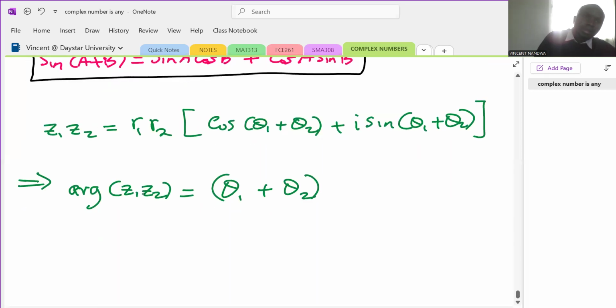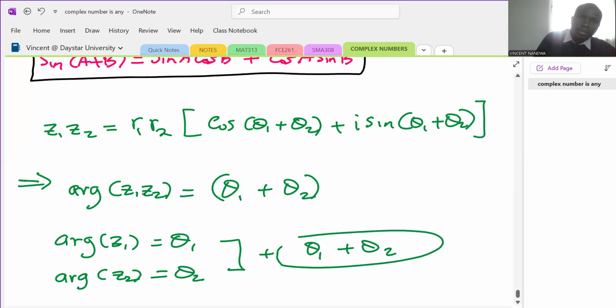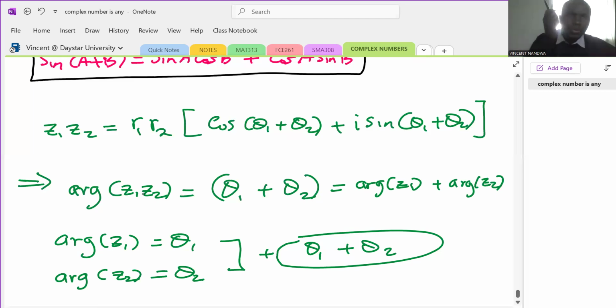The argument of Z1 was theta 1, and the argument of Z2 is theta 2. So when we add these two, we have theta 1 plus theta 2, which is the same result as saying argument of Z1 plus argument of Z2. So that is what we have.